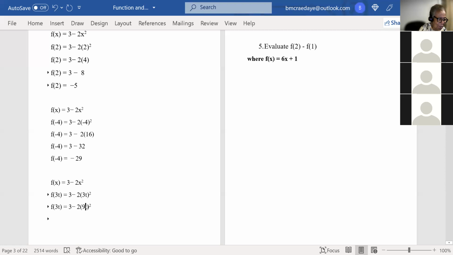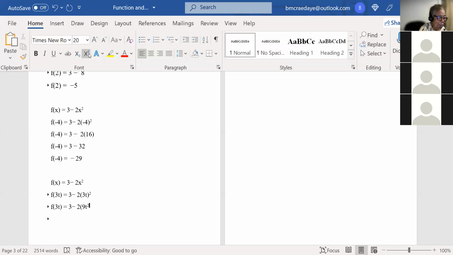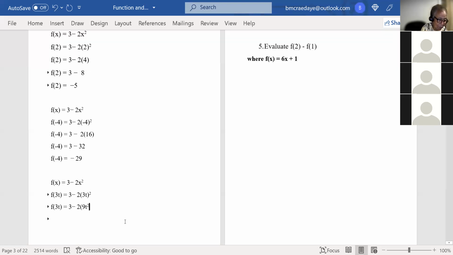So you just take this parenthesis out. Okay, so that's 9T squared. Minus, we put that parenthesis, 2. Okay, so that's what you got. 3 minus 2 times 9T squared. What is that equal to? 2 times 9 is 18.